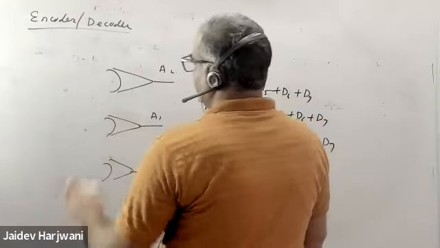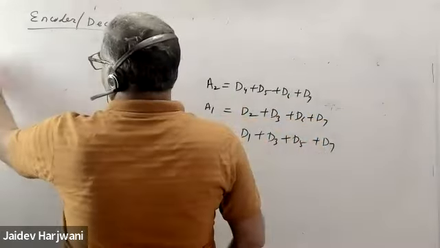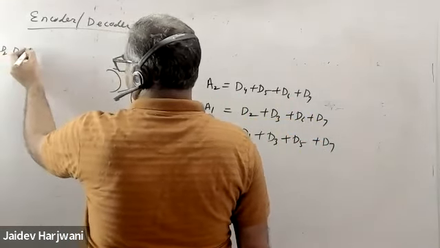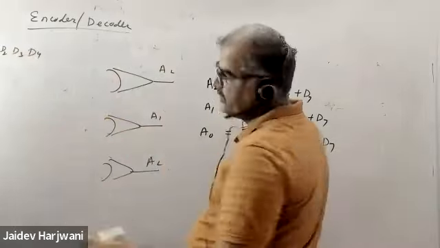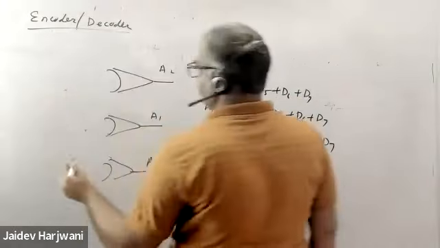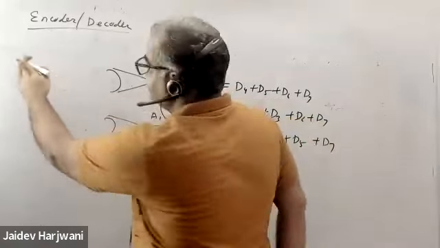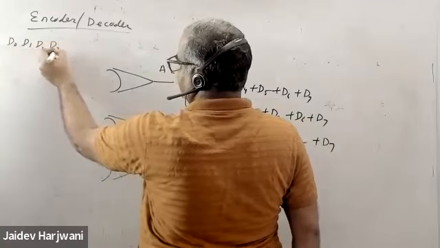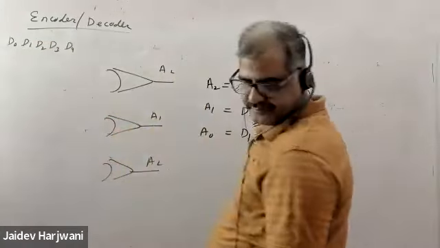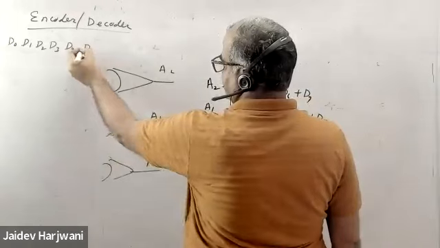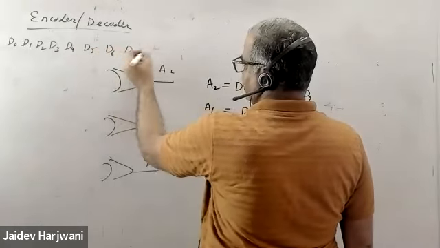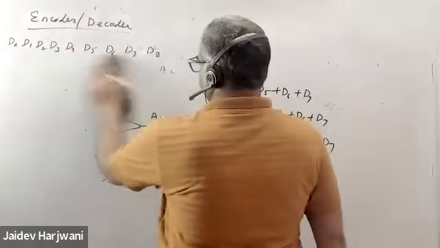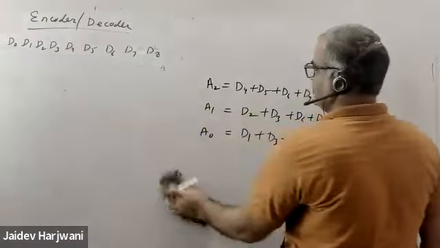Okay, now I have here D0, D1, D2, D3, D4, D5, D6, D7 as inputs.